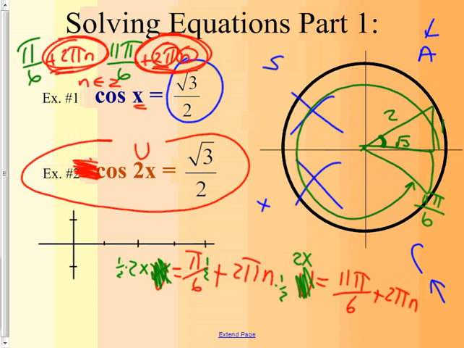You get how that changes the period, and therefore we have to apply that little 1/2 to this too. So what does 2 pi n times a half change into? Just pi n, or 1 pi n. Yep. Same thing over here, multiplying everything by a half, a half, a half, and this becomes 11 pi over 12 plus pi n.